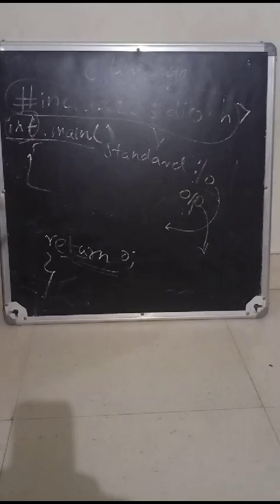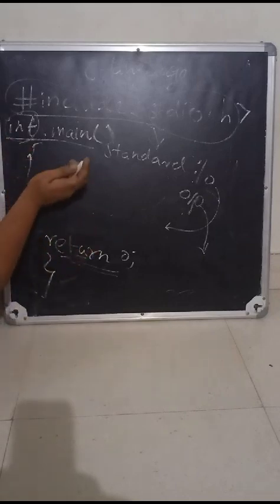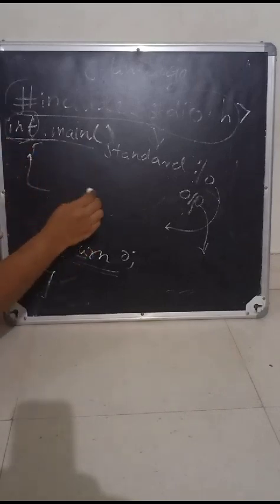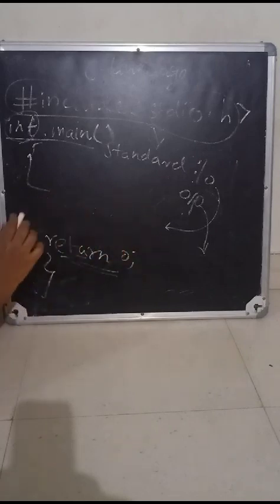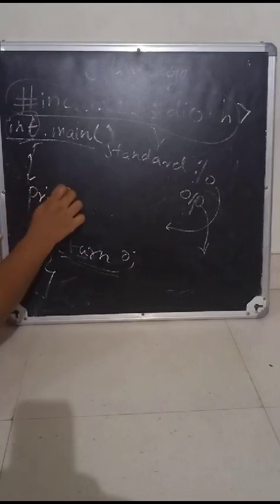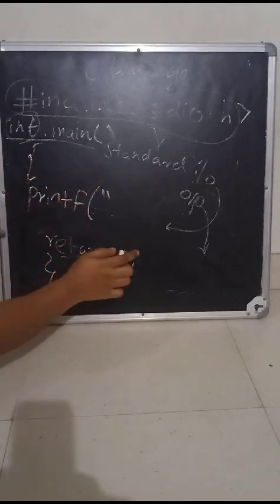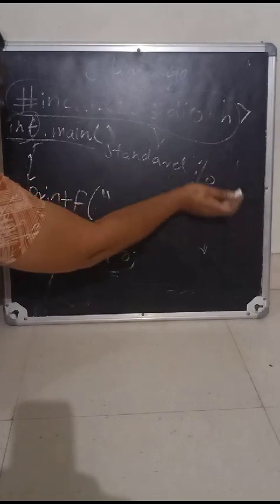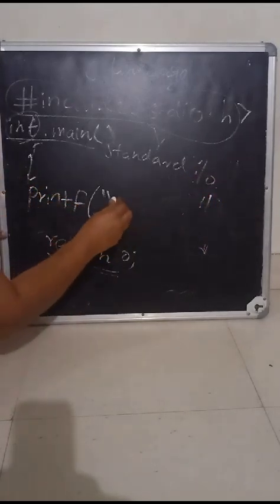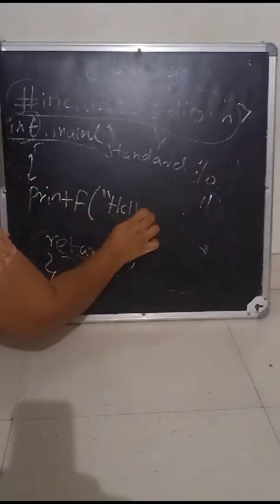Now our main motive here is to just print hello world in the output. So I have added a printf statement, and within the double quotes I have to print hello world.